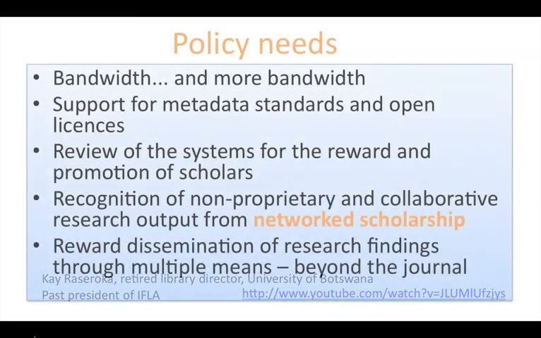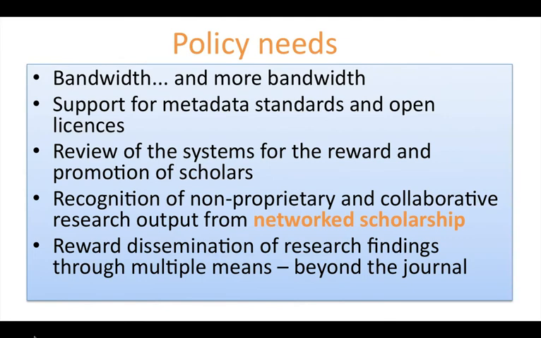So in conclusion, I'd like to reiterate some of the policy needs that I already alluded to earlier, and to add a few more. And obviously, for this kind of network science to happen, we still need to not forget about the whole bandwidth issue. Without the proper bandwidth and more bandwidth, much of this is just theorizing.